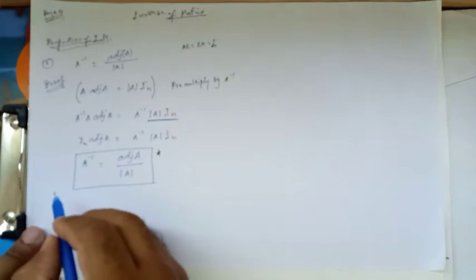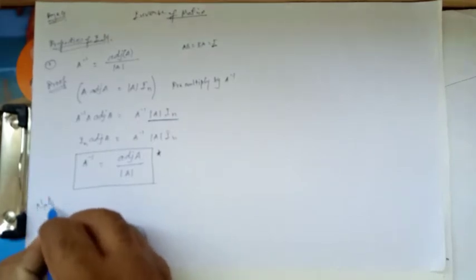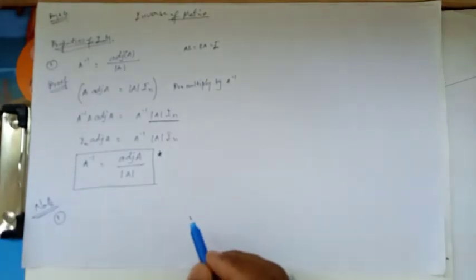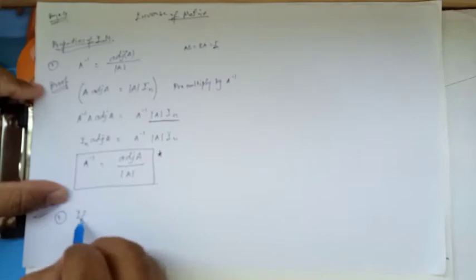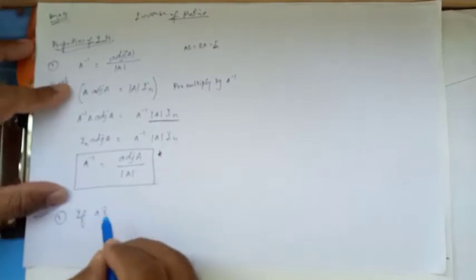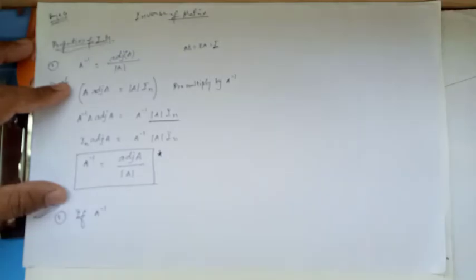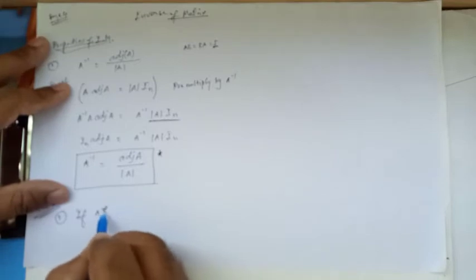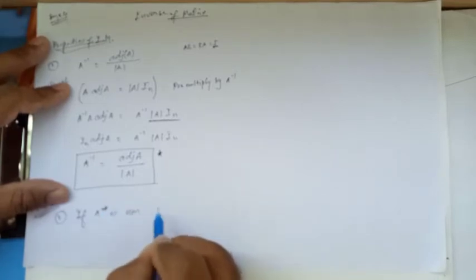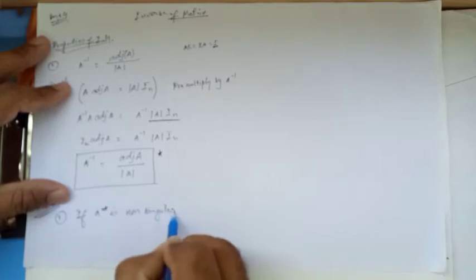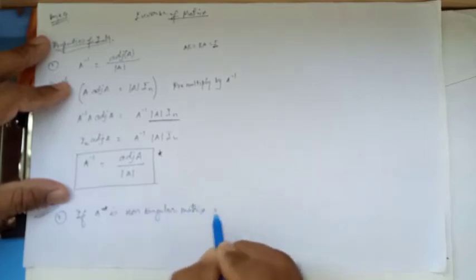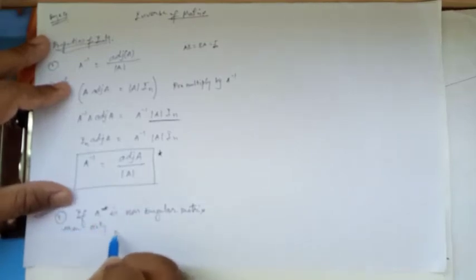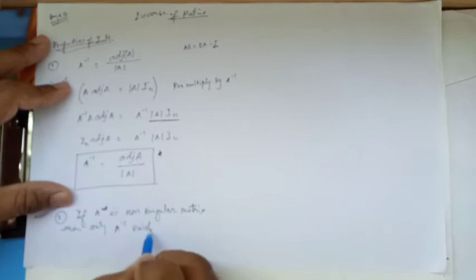Some more properties are there, and you can also note them down. First point: if A is a non-singular matrix, then only A inverse exists.